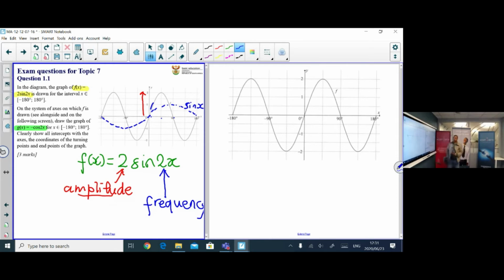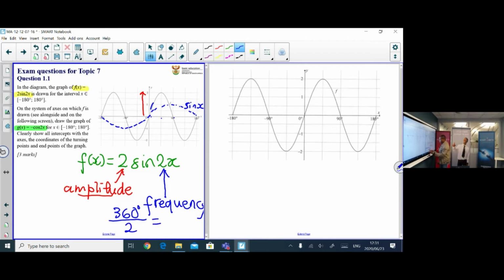So this 2 divides our wavelength. Instead of your 360, which is supposed to be your wavelength, you are going to have that divided by 2 because of that.